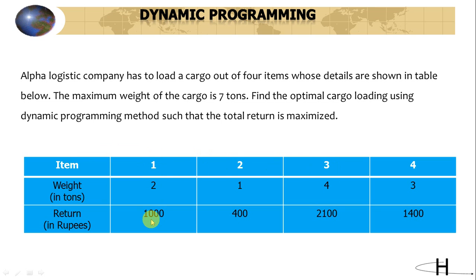So this will be stage 1, stage 2, stage 3 and stage 4. Now here the maximum weight of the cargo is 7 ton. So the maximum weight which can be carried out is 7 ton.